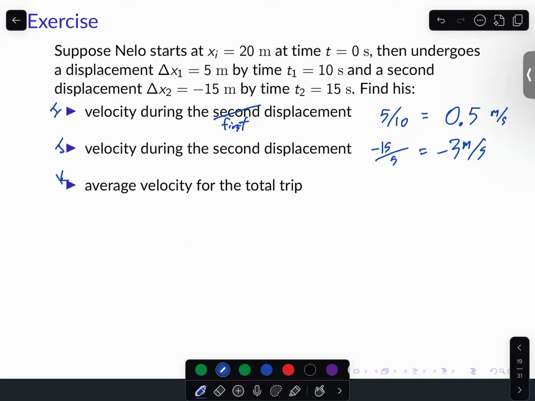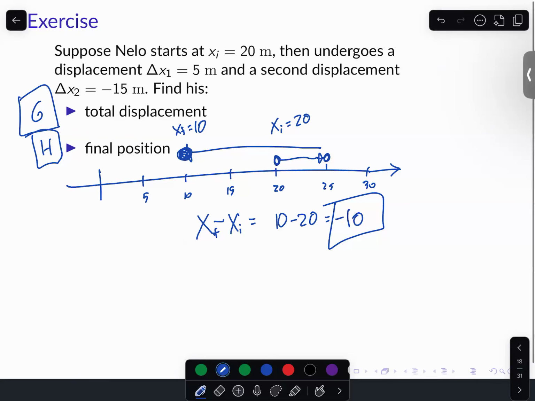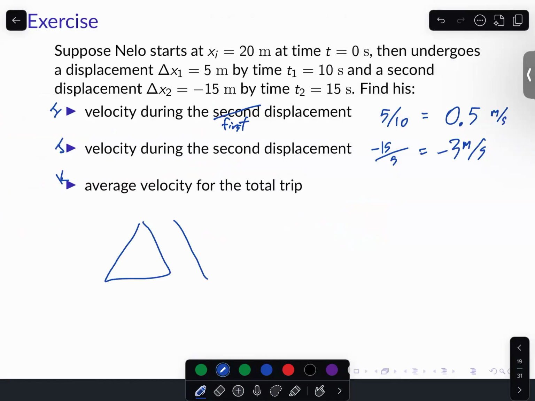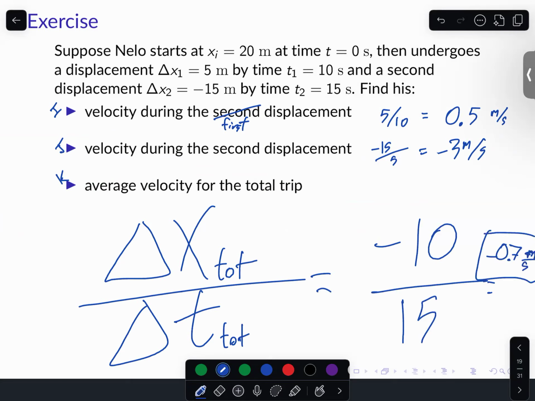Let me use the numbers given in here. I've got a perfectly good problem. What's my total displacement that I said again? Previous slide. What's the total displacement? -10 meters? What is that? -0.7-ish? 0.667? 2/3?